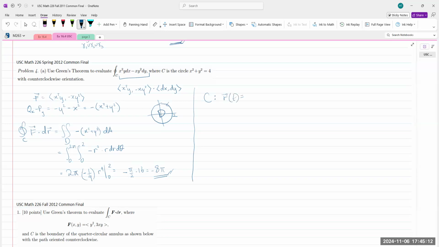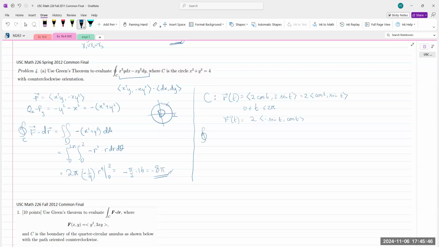The path C can be parameterized by (2 cosine t, 2 sine t), where t is from 0 to 2 pi. Then r prime of t equals 2 times (negative sine t, cosine t). I can factor the 2 out here. I don't know if it will go well though.